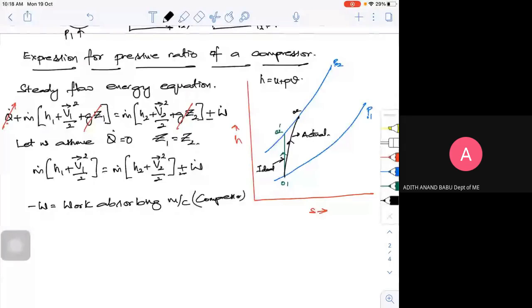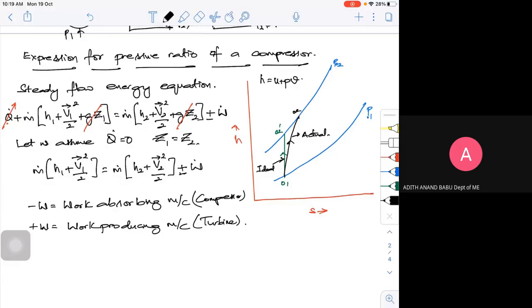If it is a plus W, it is a work producing machine, which is your turbine. Here we are trying to write an expression for the compressor, so in that case, this has to be a negative value.